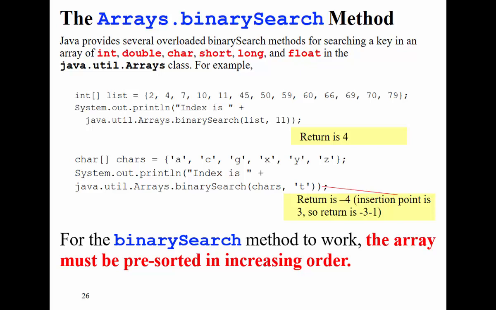So there are preconditions for using binary search. One, the array should be sorted in increasing order. So if you are using an array of any arbitrary object, that means you have to look at that object and make sure you have compareTo implemented. Okay? And compareTo sorts the order of the objects in increasing order.